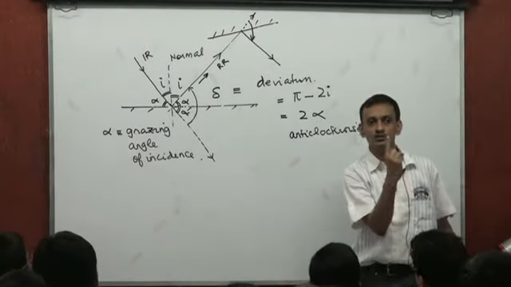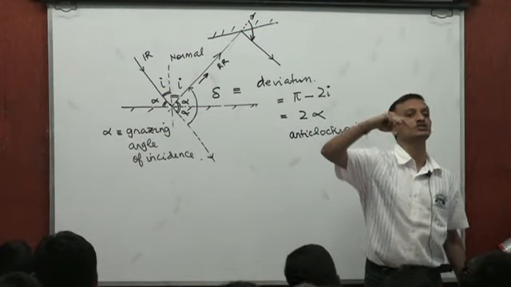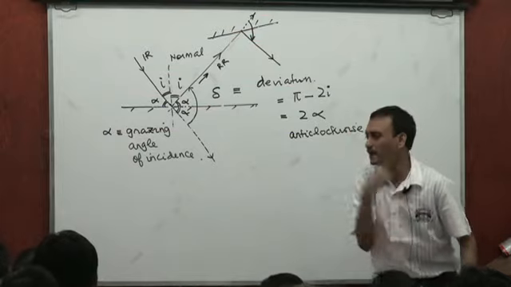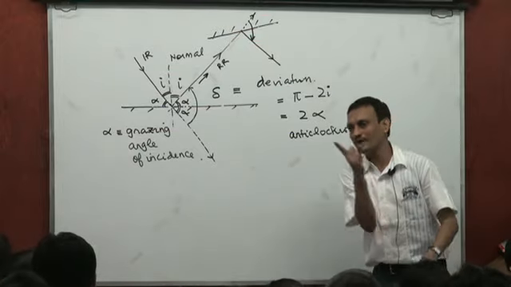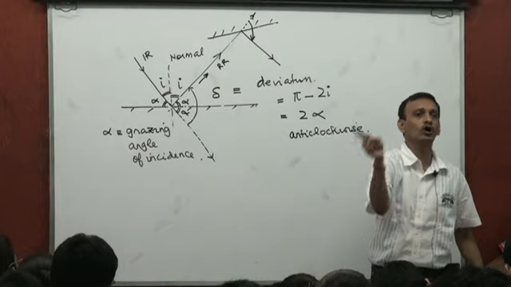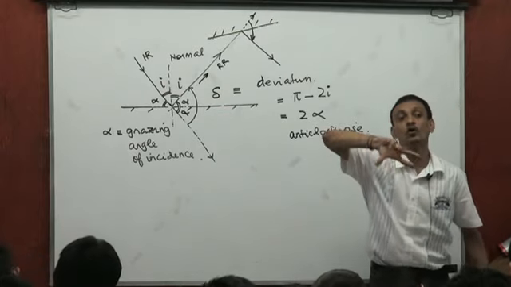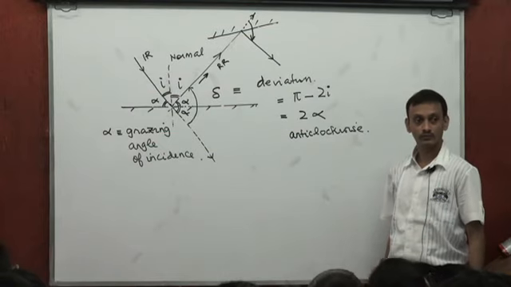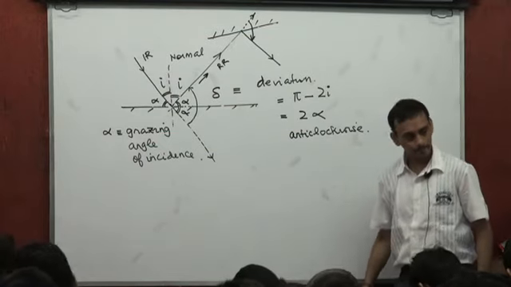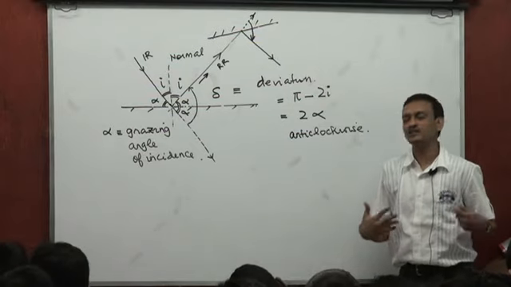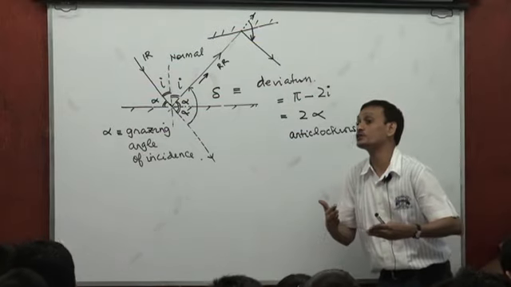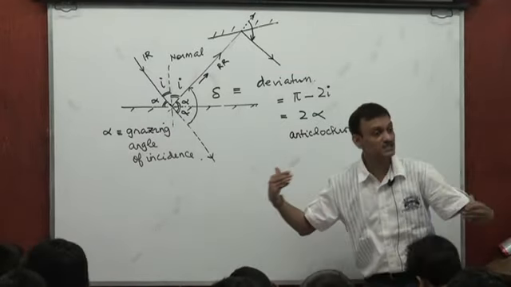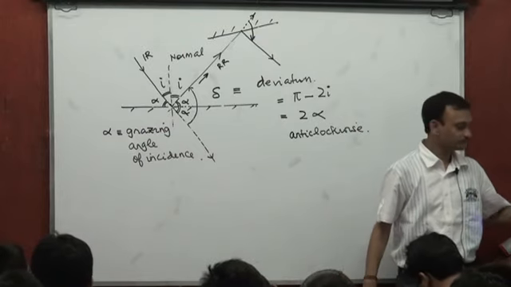The regular convention is that all anti-clockwise deviations are regarded positive and all clockwise deviations are regarded negative, like we did in trigonometry with the rotating line. Got me? So, when you have multiple reflections or refractions, the total deviation would be the algebraic sum of all the deviations. Clear?